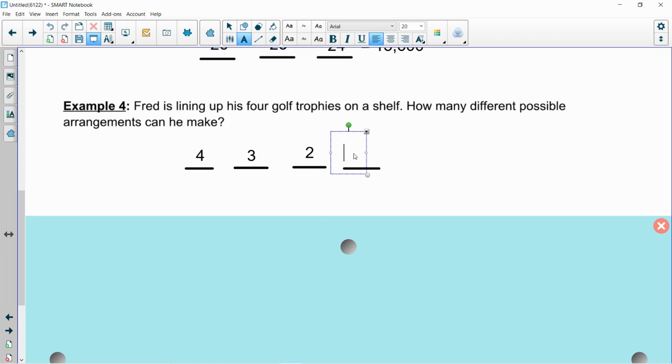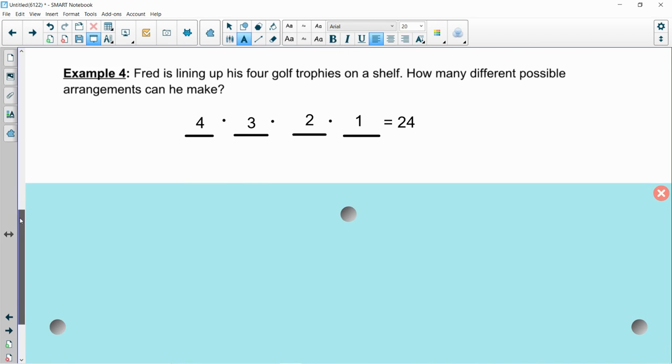And then in the last position, there's only 1 golf trophy remaining to put up on the shelf. So we're doing a little countdown: 4 times 3 times 2 times 1. And do a little mental math. We get 24.